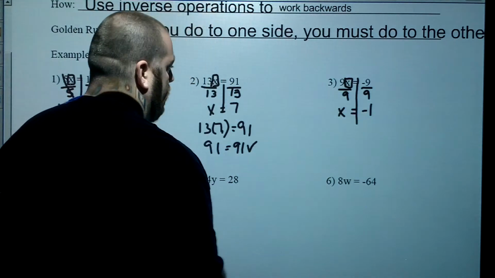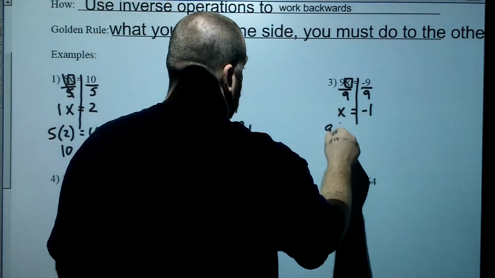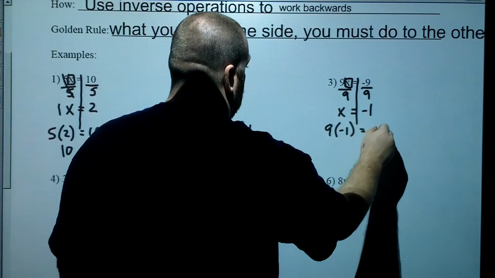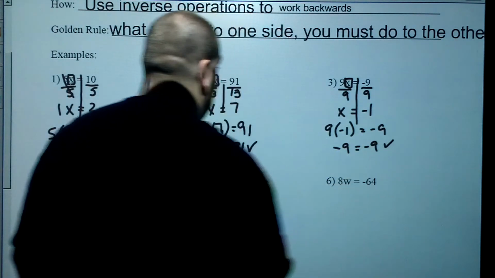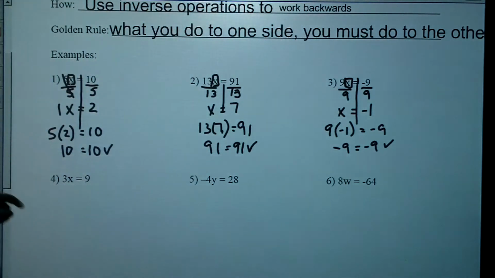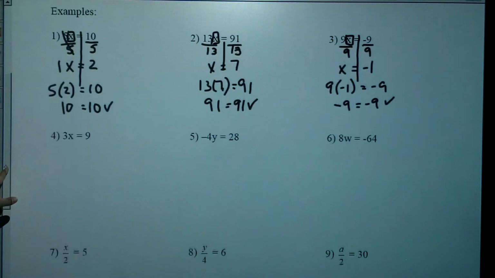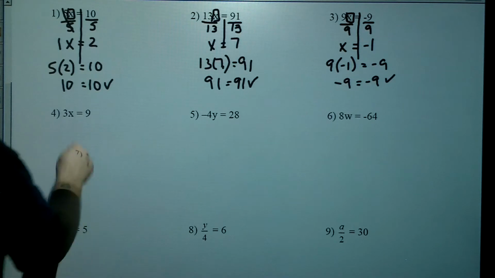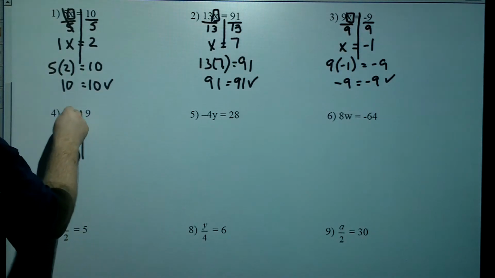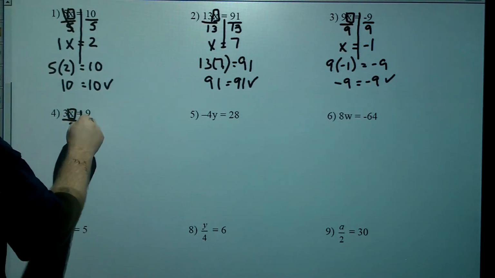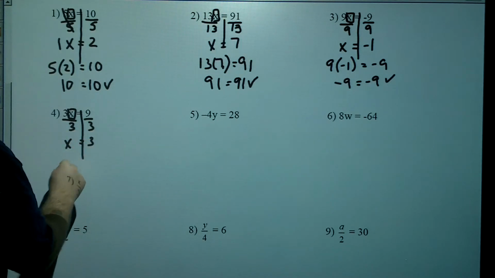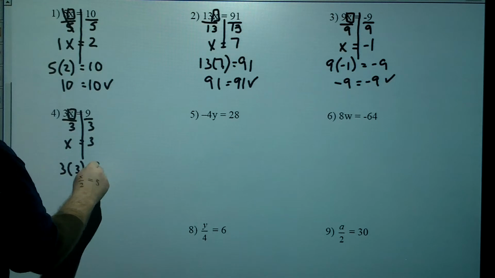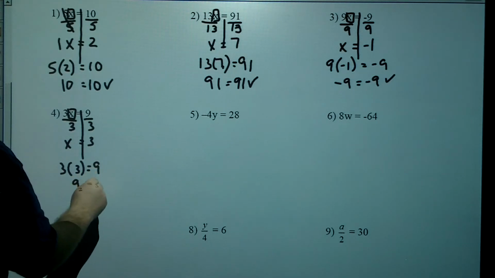So I get negative 1. For 3, 9 times negative 1 equals negative 9, which is true. Negative 9 equals negative 9. So my answer is negative 1. Number 4. Line down, box the variable, divide by what is in front. x equals 3. To check it, 3 times 3 is 9, which is true.